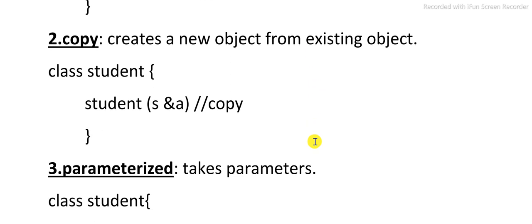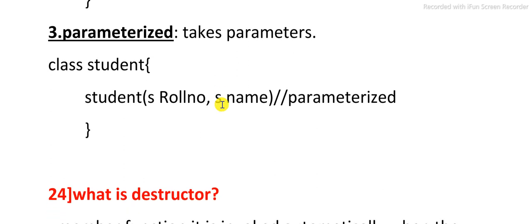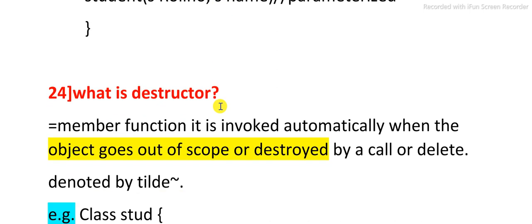So basically a new object is created from the old one. Class student, so this is the copy constructor. Parameterized constructor takes parameters such as roll number and name. These parameters are passed over here, so this is known as a parameterized constructor.